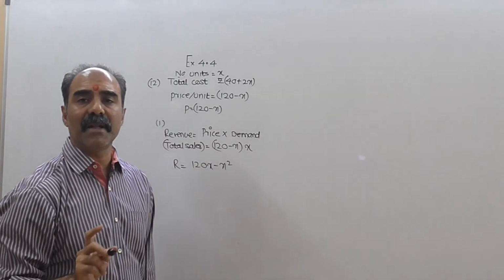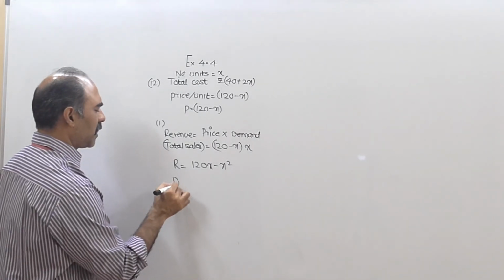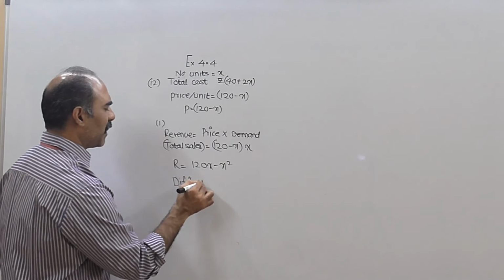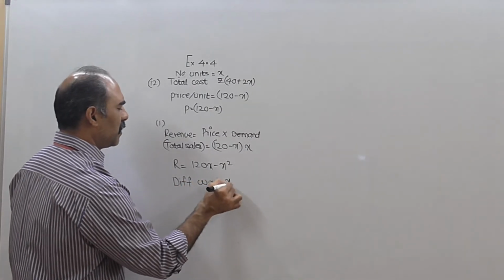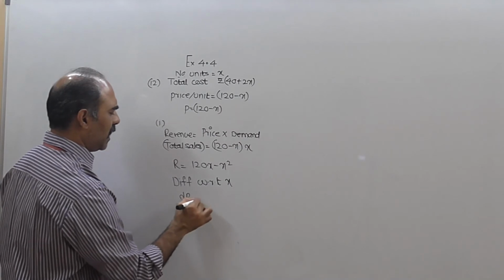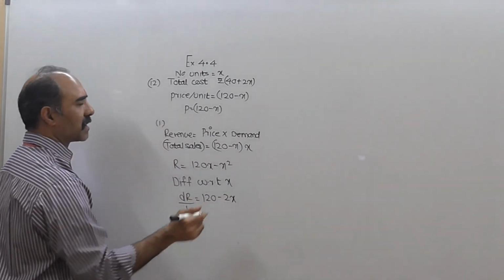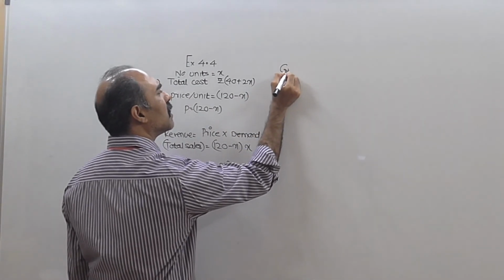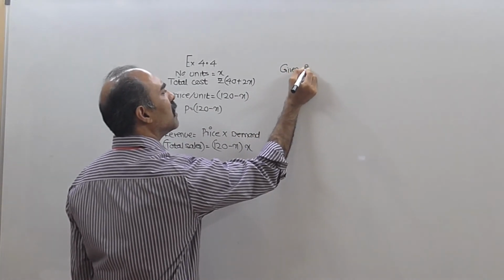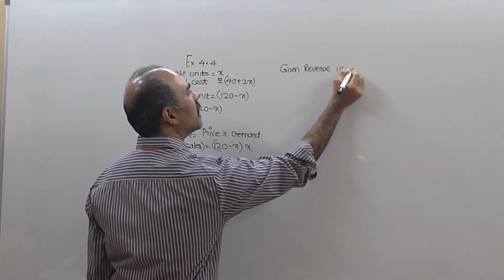They say that you have to find the value of X for which the revenue is increasing. So revenue is increasing means I will have to find the derivative of revenue. So dR upon dX is 120 minus 2X, given revenue is increasing.